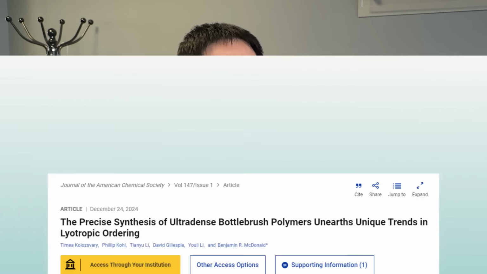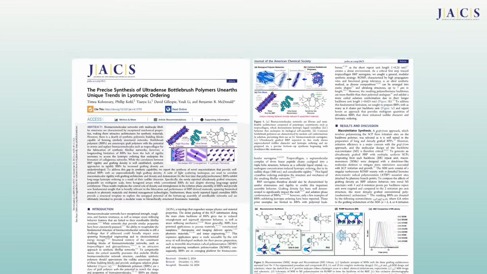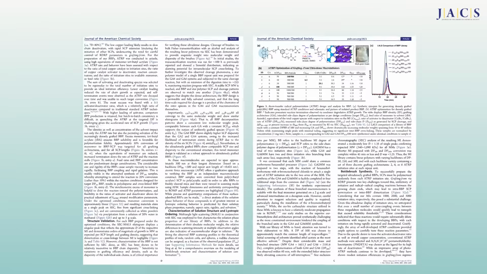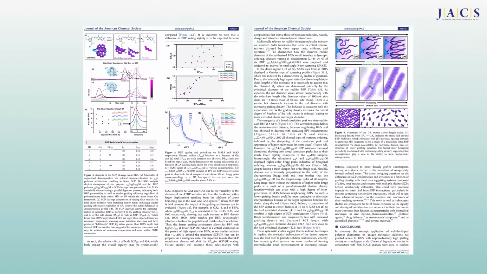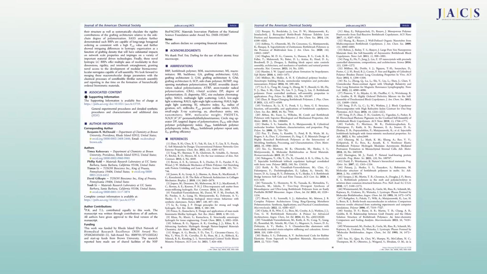Based on the difference between the scattering curves, we can know the ratio of different shapes. This method we already published in JACS, in collaboration with Brown University, which discusses how we monitor the transition of bottlebrush polymers with different arm densities from the random coil shape to the rod-like shape.